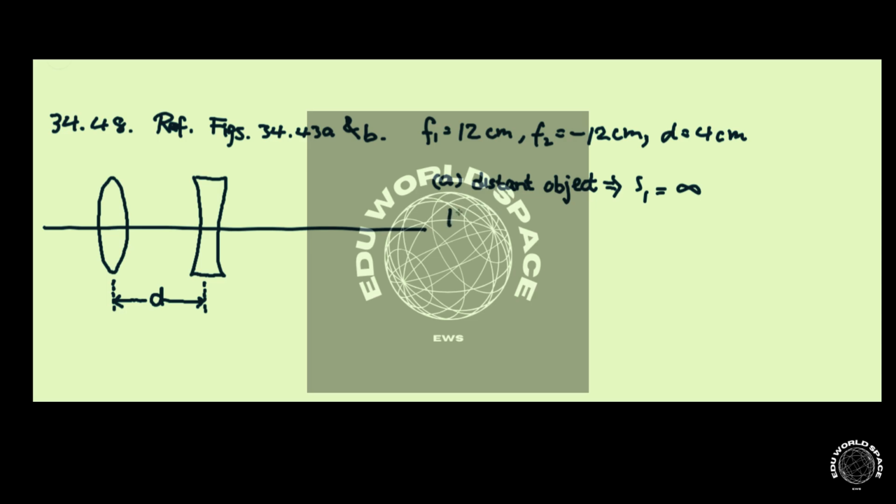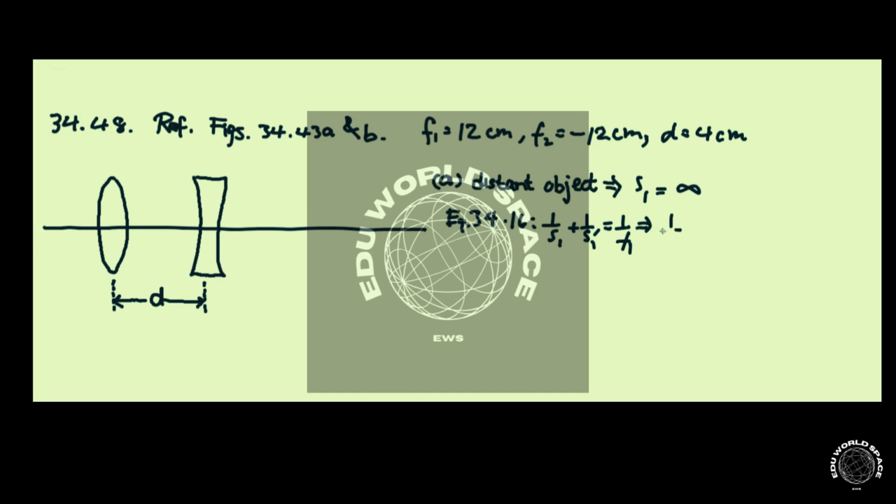Then we can use equation 34.16 to solve for the image of the first lens, which tells us that 1 over S1 plus 1 over S1 primed is 1 over F1.